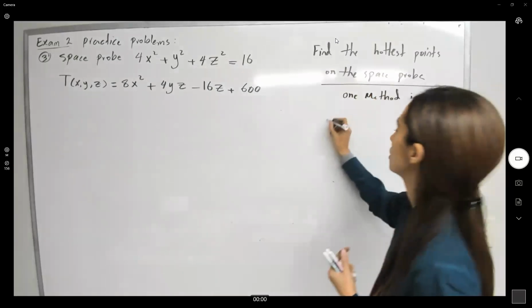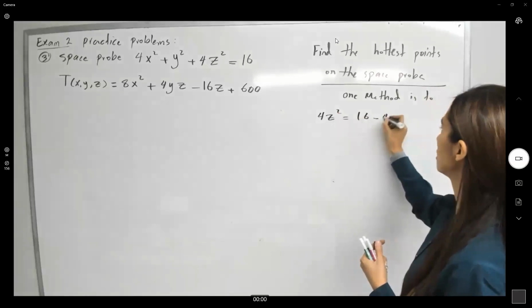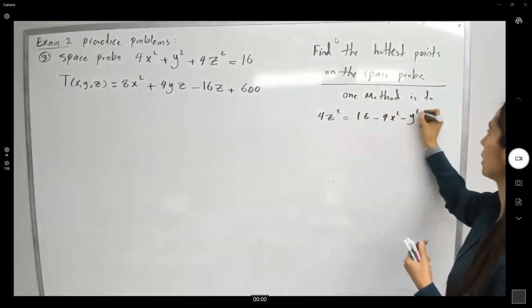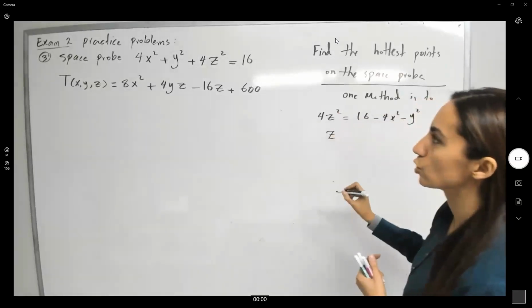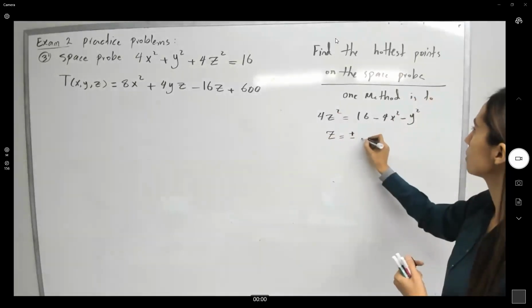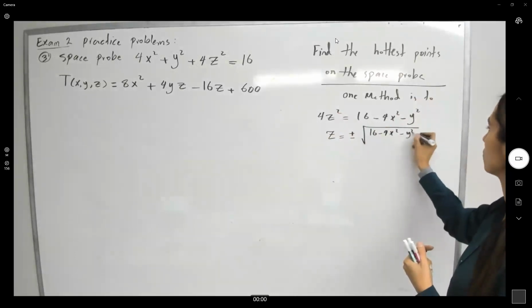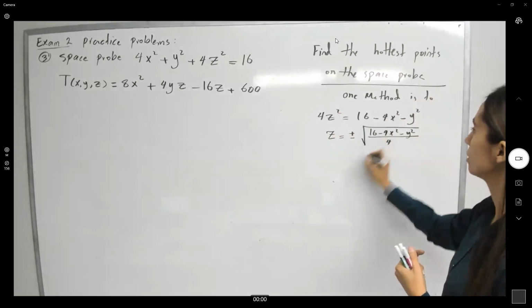is to write 4z squared equals 16 minus 4x squared minus y squared, and your z is equal to plus or minus the square root of 16 minus 4x squared minus y squared, divided by 4.